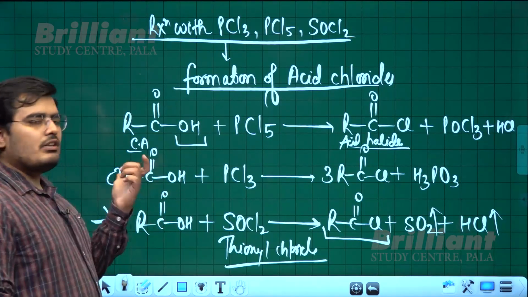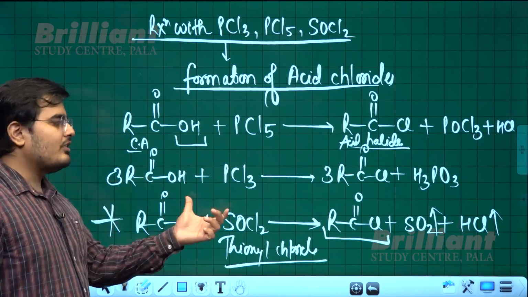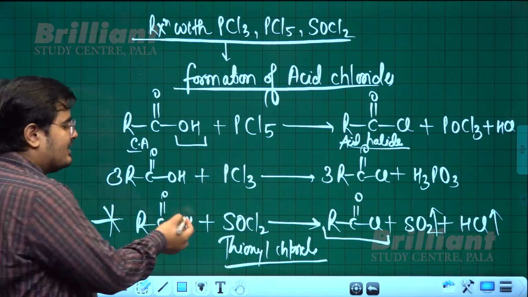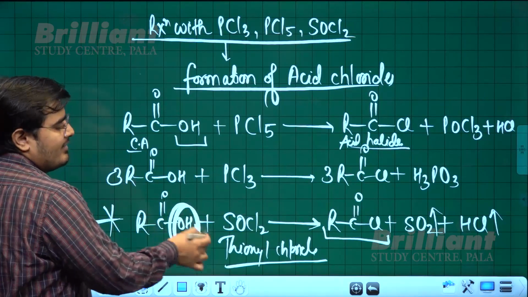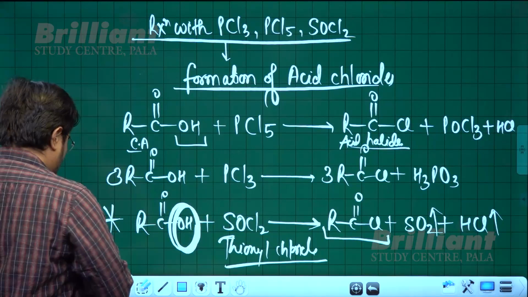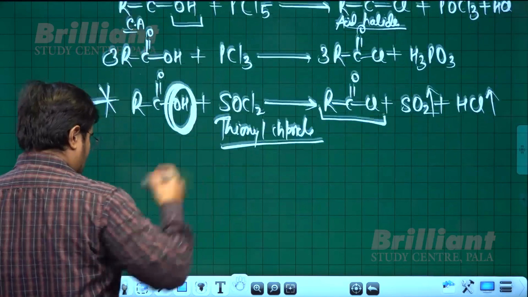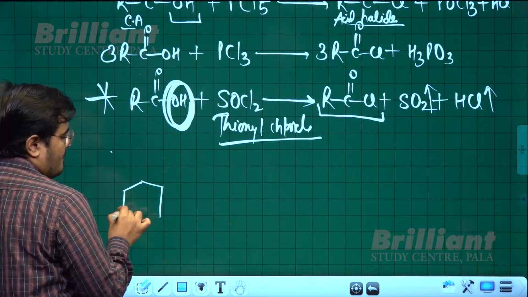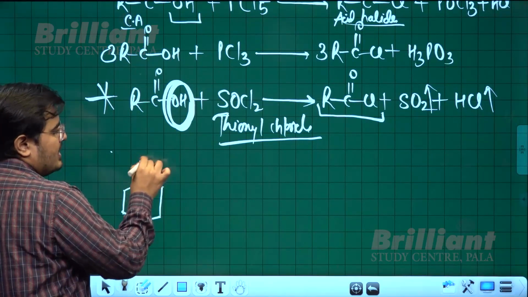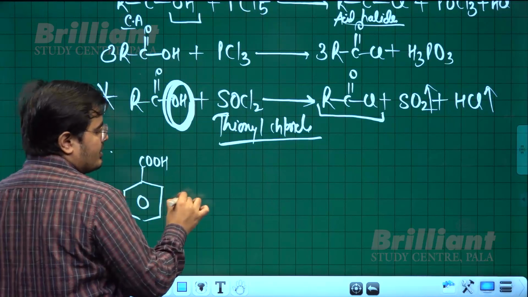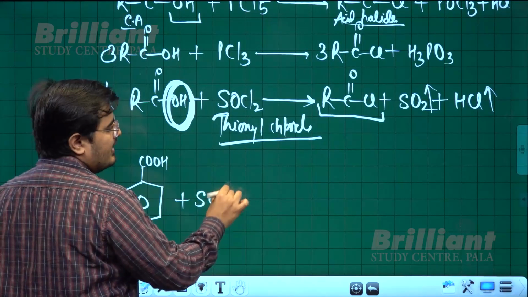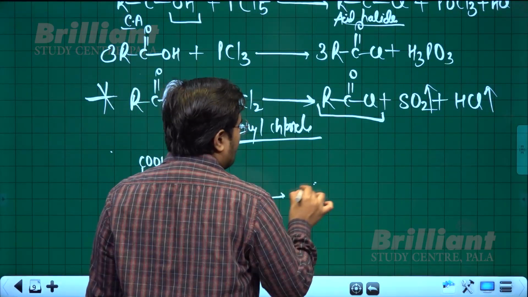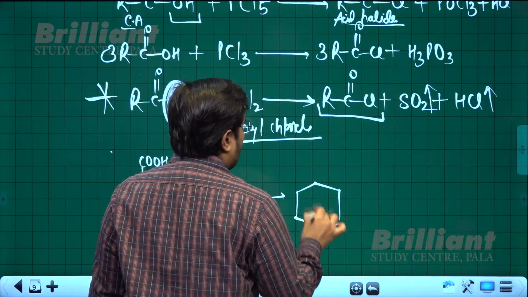So in future if you see a carboxylic acid and you are given SOCl2 along with it, you know what you are supposed to do: just replace the OH of the acid with chlorine. For example, if I give you benzoic acid, which is PhCOOH, and if I say this is being treated with SOCl2, then you know I am going to form benzoyl chloride.